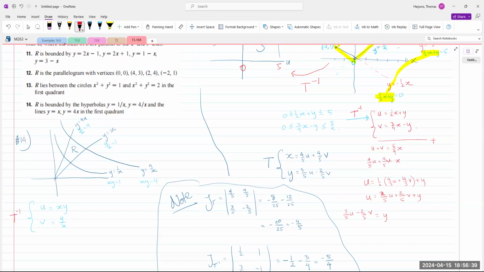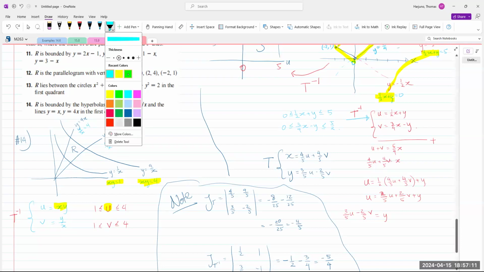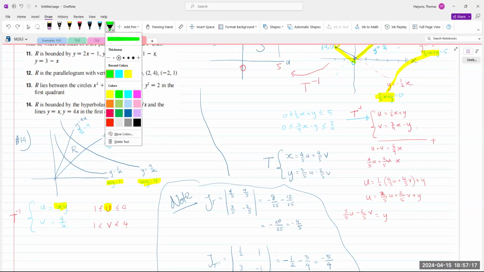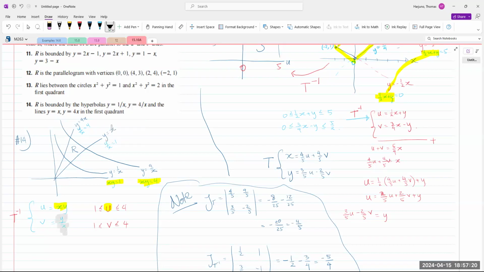Now we know that our u will be from 1 to 4, and our v will be also from 1 to 4. Our u is this, and our v is this.